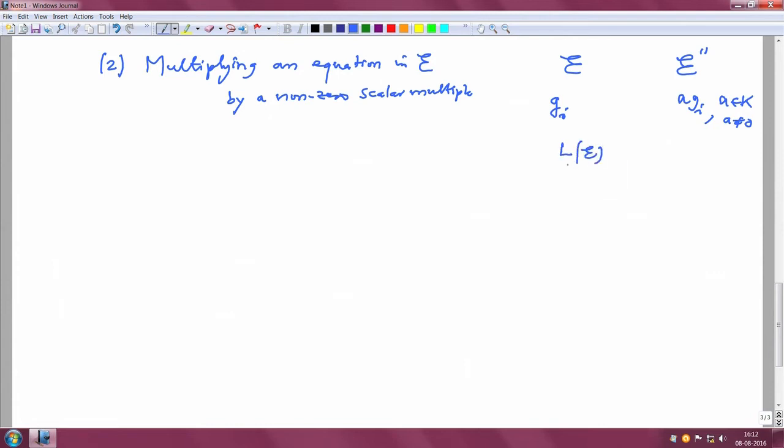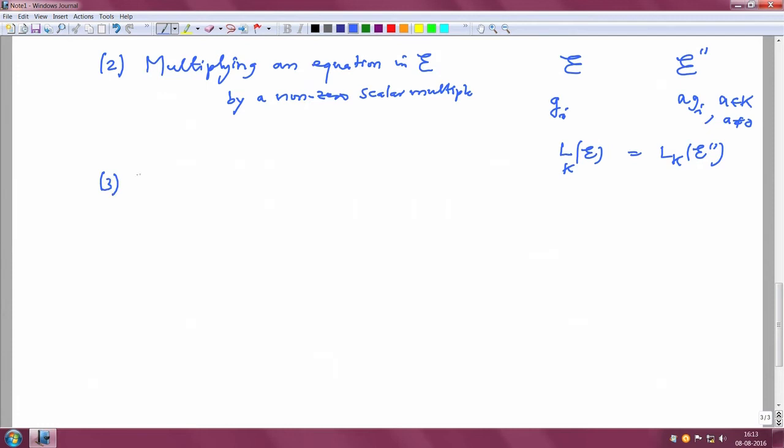Note this, this is very important to note, because we are working in a field and therefore non-zero. If I take a solution of E, Gi is 0 there. If I plug in this equation, then A Gi is 0, but A is non-zero, so Gi is 0. So this means the solution space is not changing.